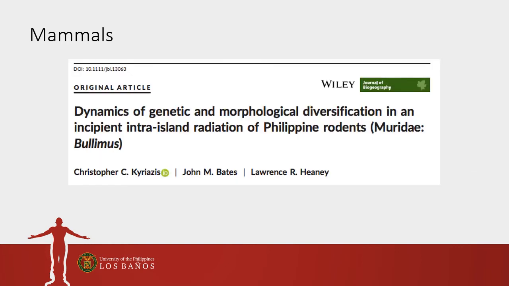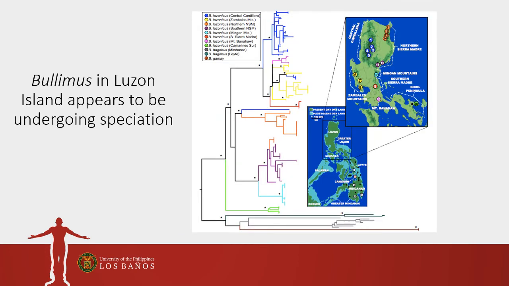In this paper of Kyriazis et al. on the dynamics of genetic and morphological diversification in an incipient intra-island radiation of Philippine rodents of the family Muridae, genus Bulimus. For rodents like Bulimus, their external features are not that distinct, and traits that are usually analyzed are skull and dental measurements.